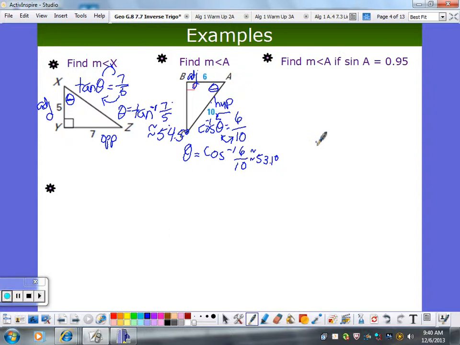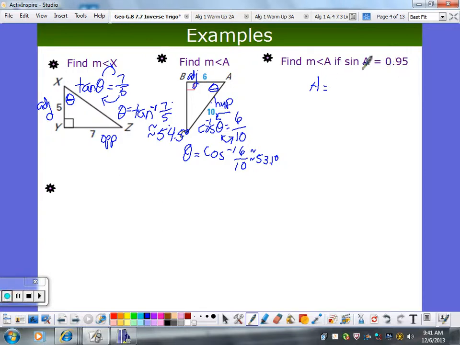Find the measure of angle A. Now, I didn't even give you a picture here. All I know is the sine of A is 0.95. So how do I find A? What do you think, Michelle? I add 90?